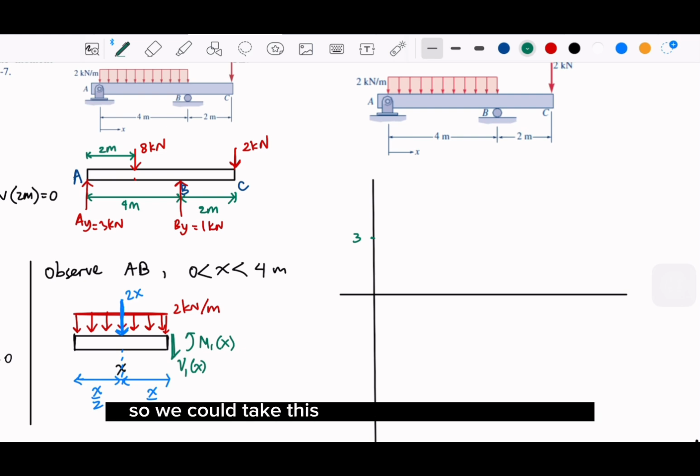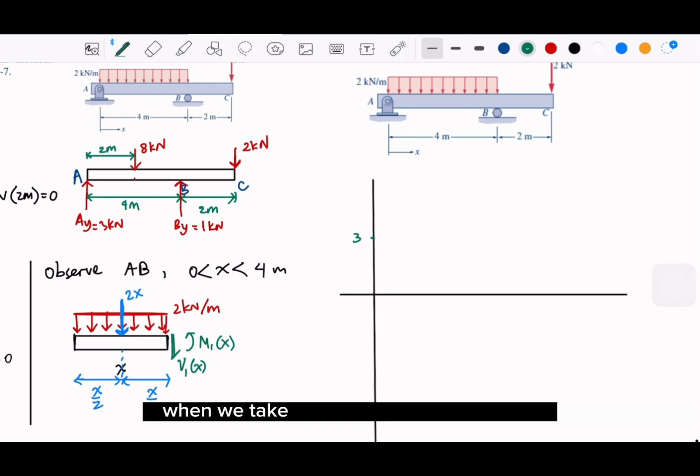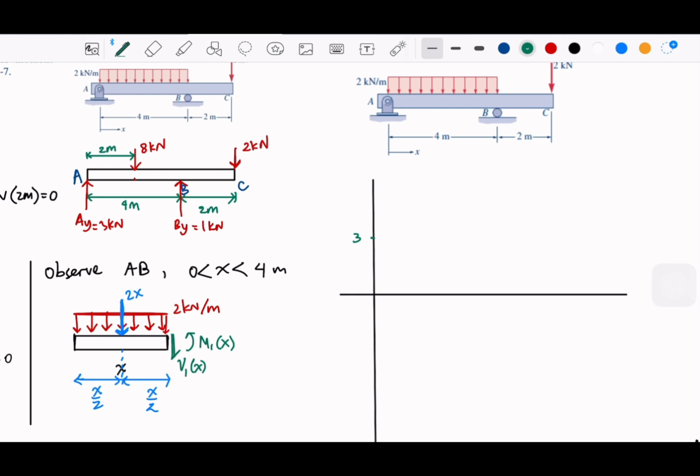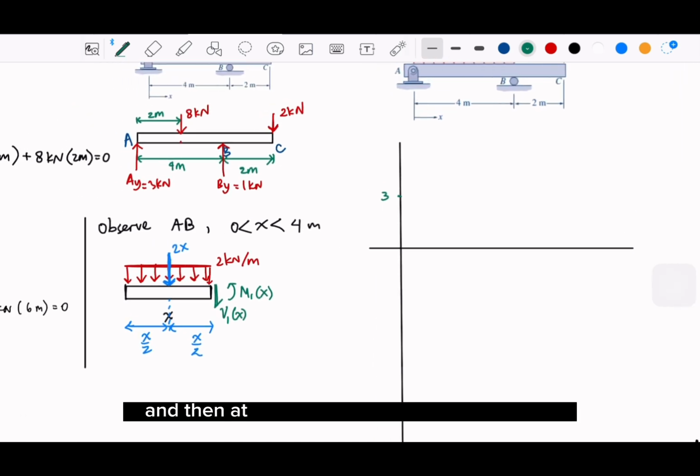So we could take this and draw probably like that. Maybe we could take the same distance here, 4 meters. But we would like to know, when we take this slope down to this axis, what will be the distance. At B, let me write B, that point here.